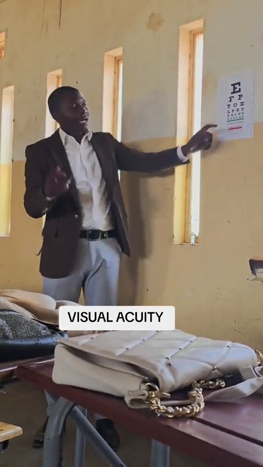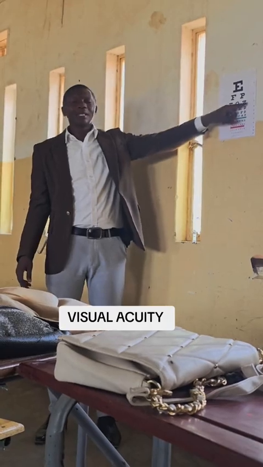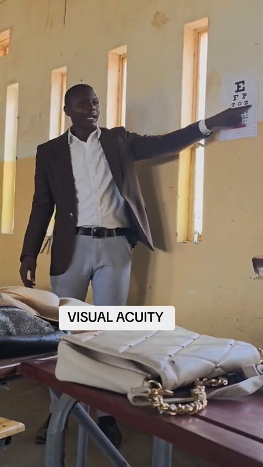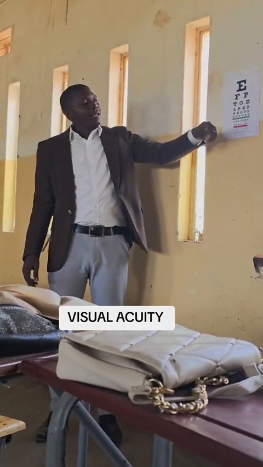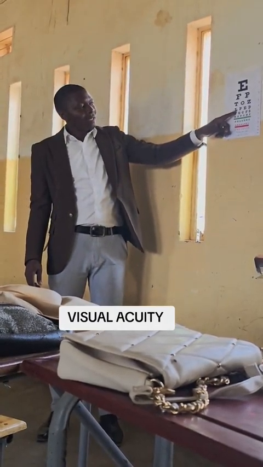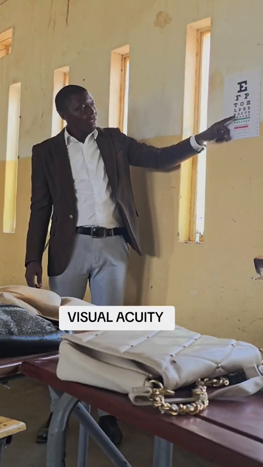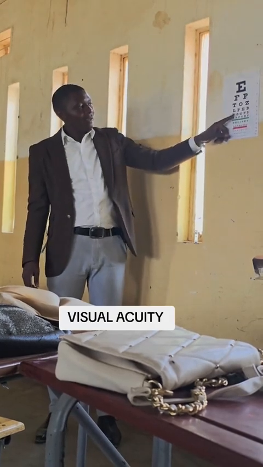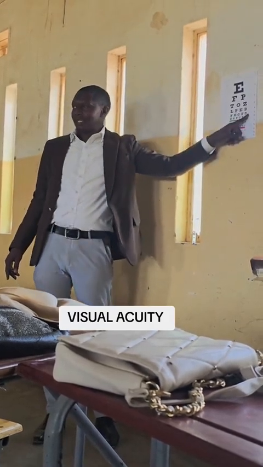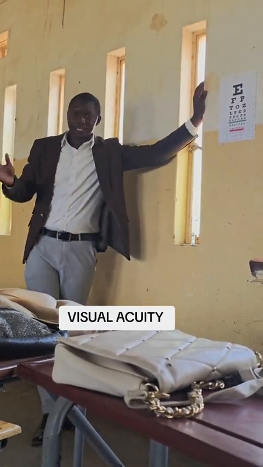If that was the left eye, you say 3/6 because the patient can only read letters up to where line 3 is. Then if the patient can read letters, for example, when we reach line 5, which has 5 letters in it, the recording changes.